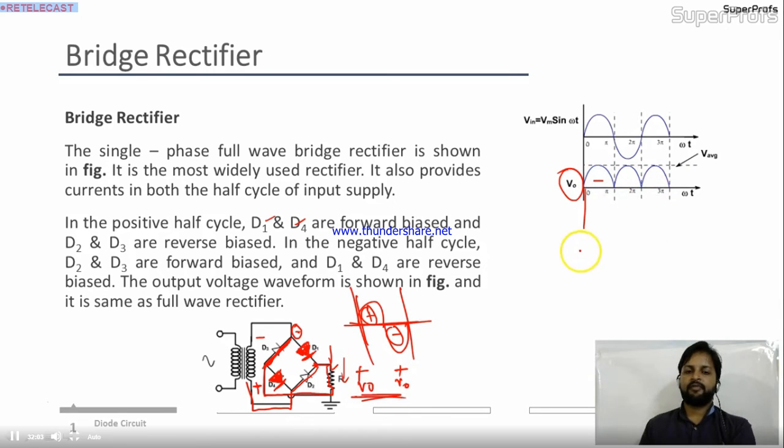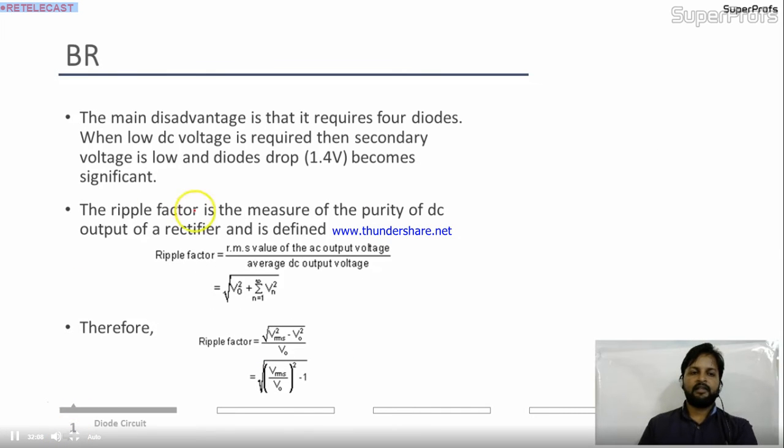Here also we have to calculate in the bridge rectifier. We are having a new concept, the ripple factor. The main disadvantage is that it requires 4 diodes. If you consider the practicality of the diode, you will have voltage drop across 4 diodes unnecessarily.